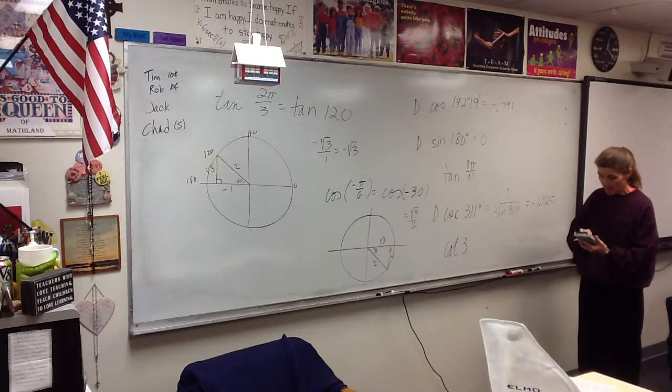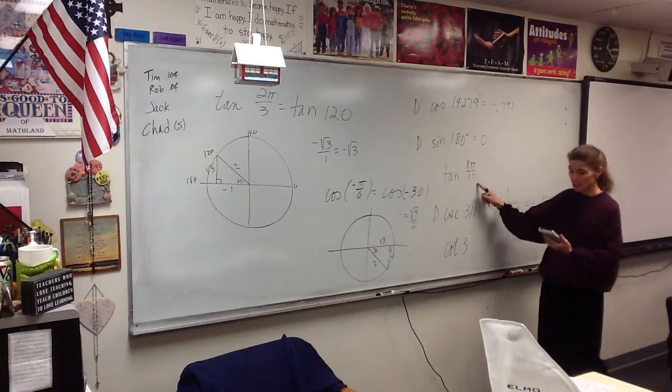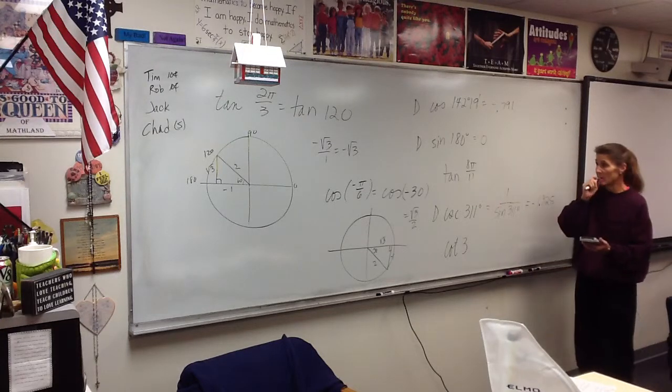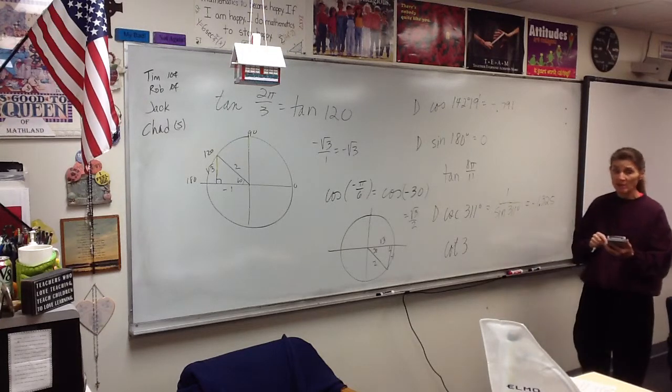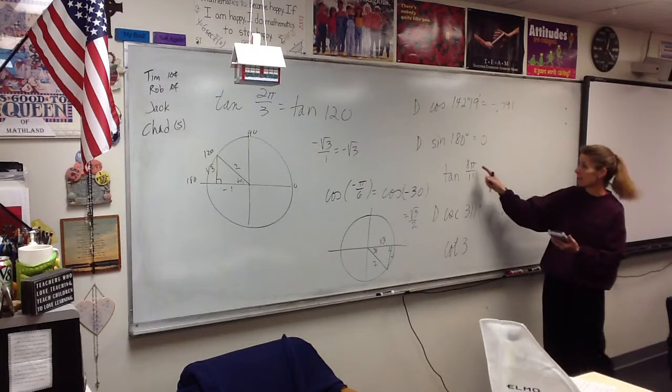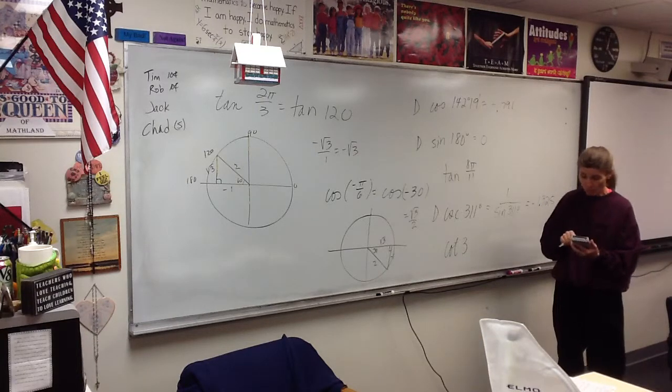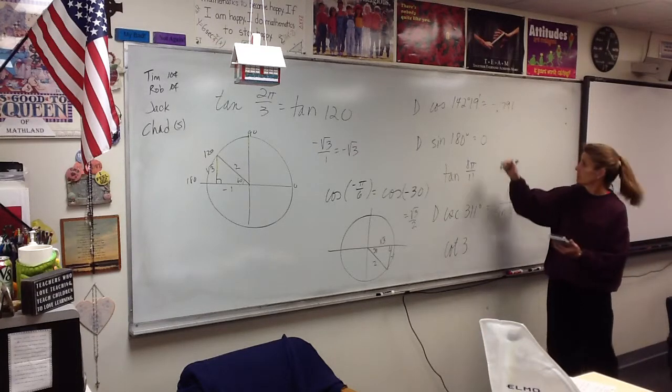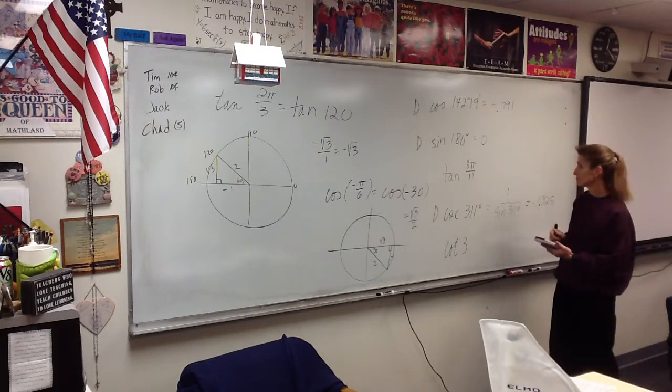And I'm going to type the tangent of 8 pi divided by 11. Now, I did change my calculator into radians, and I am using my pi button, which is located over right under the clear button.